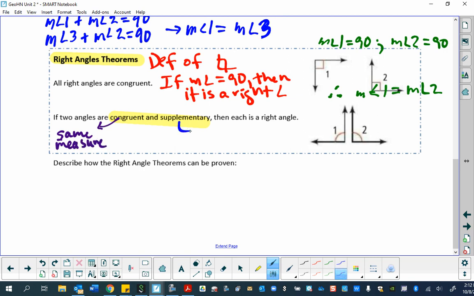Supplementary means they add to 180 degrees. So if I want to prove that each is a right angle, by definition I have to set up an equation and get my angle measure equal to 90 degrees. Turn and ask your partner, what equation says this? Go.